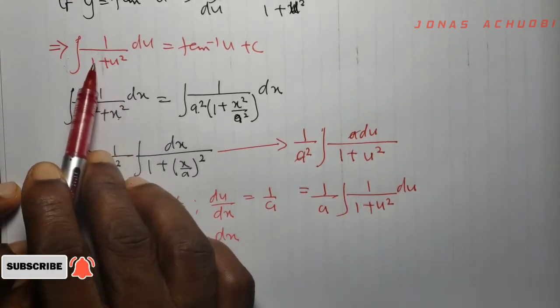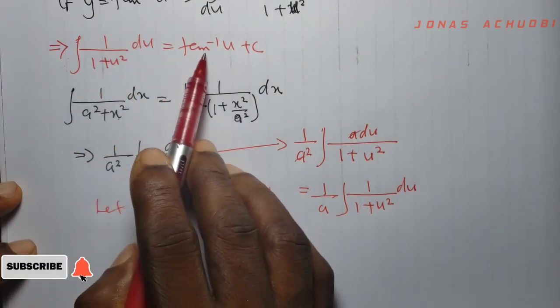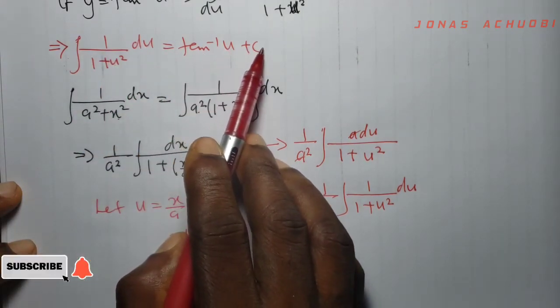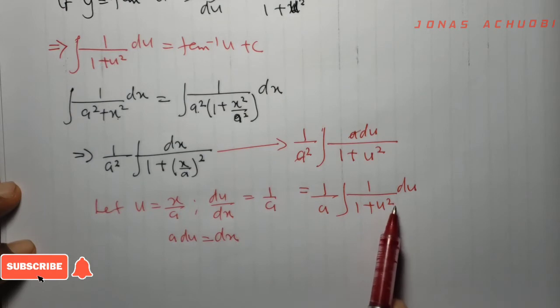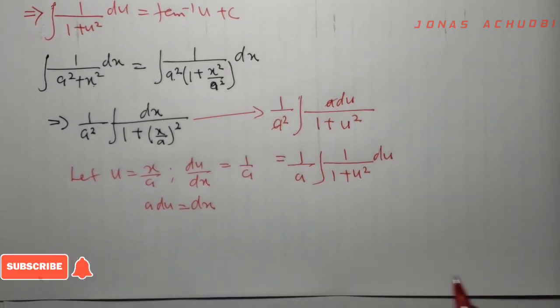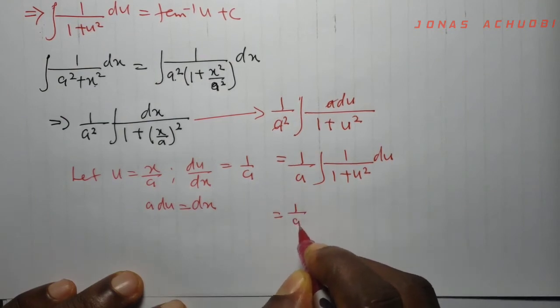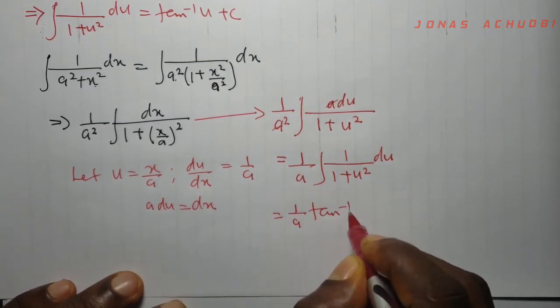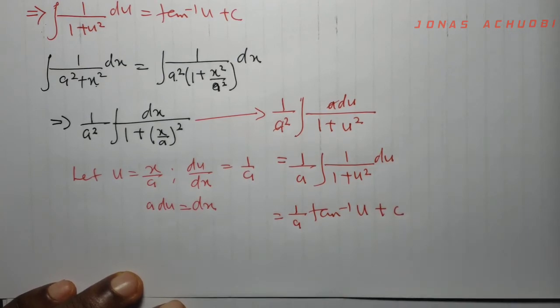If we compare what we have now with what we know already, the integral of 1 over 1 plus u squared du is the tan inverse of u plus c. And that's what we have here now. So we have 1 over a out here, 1 over a tan inverse of u, plus our constant c of integration.